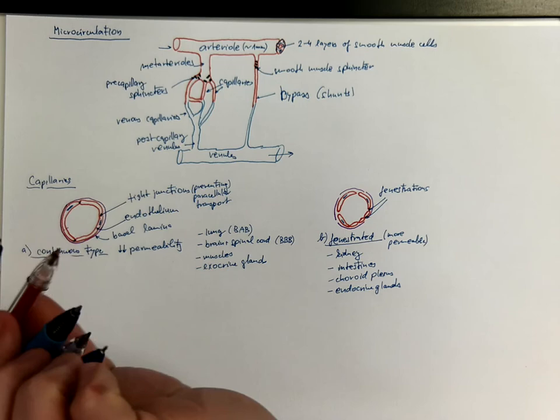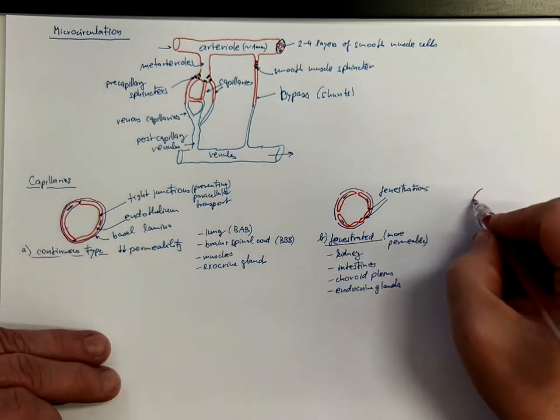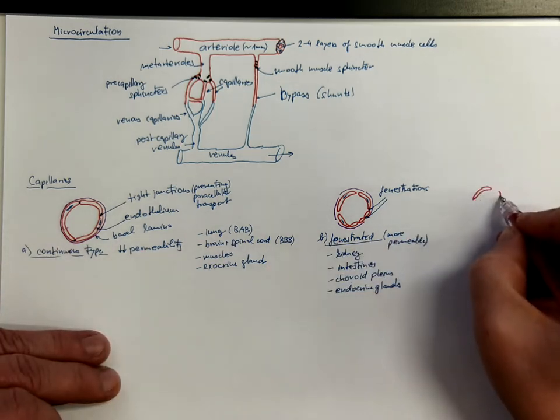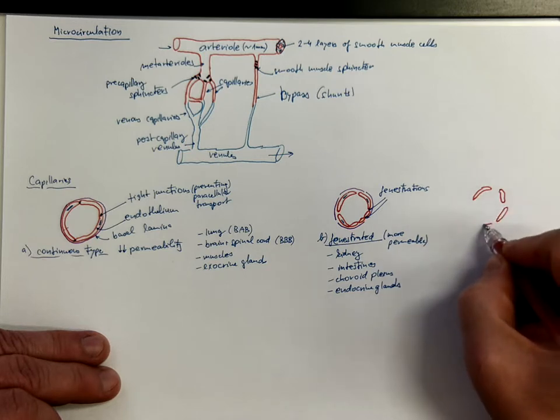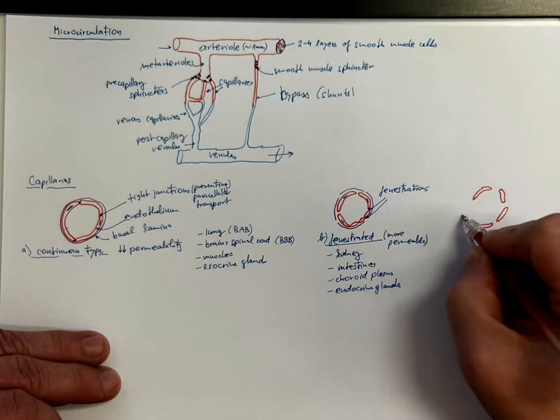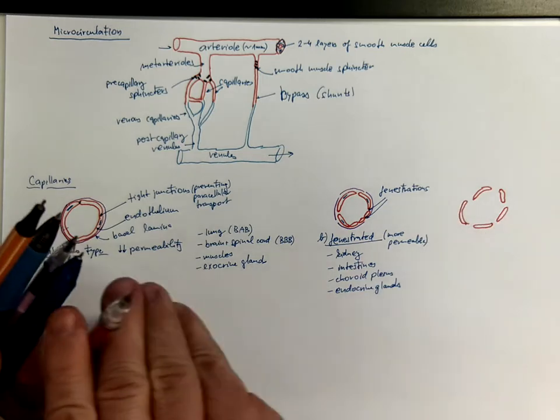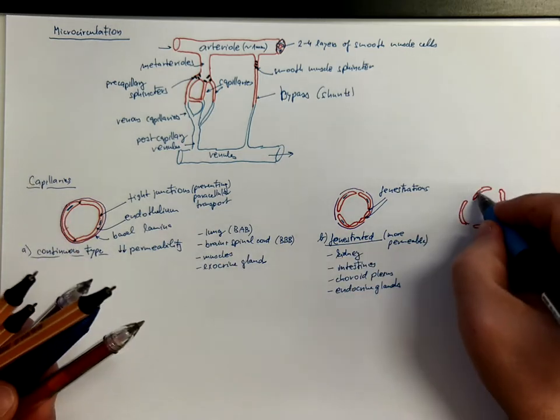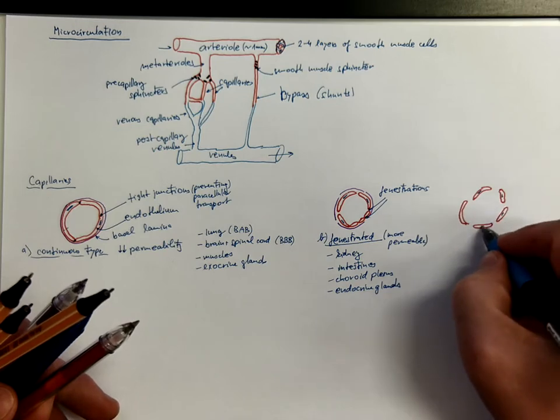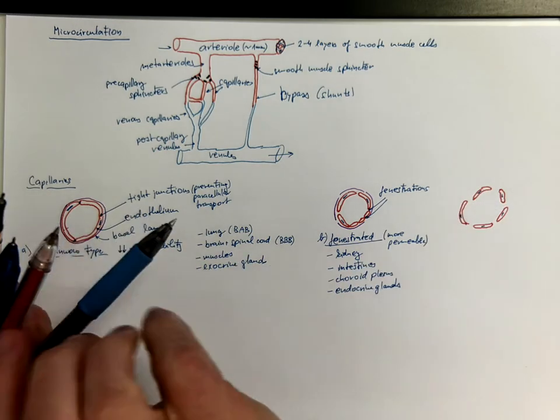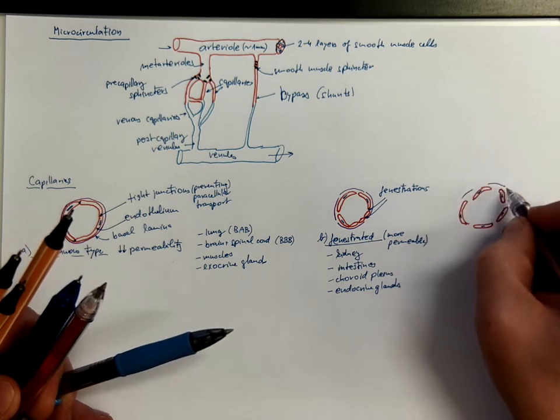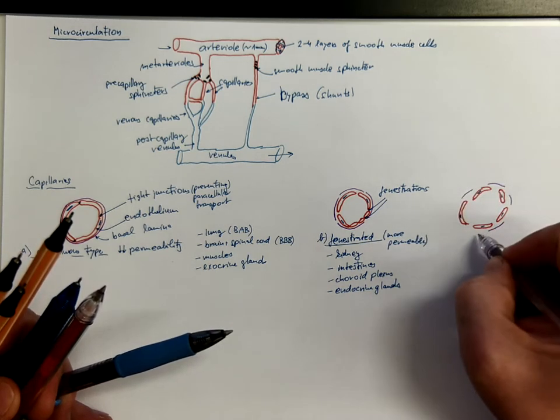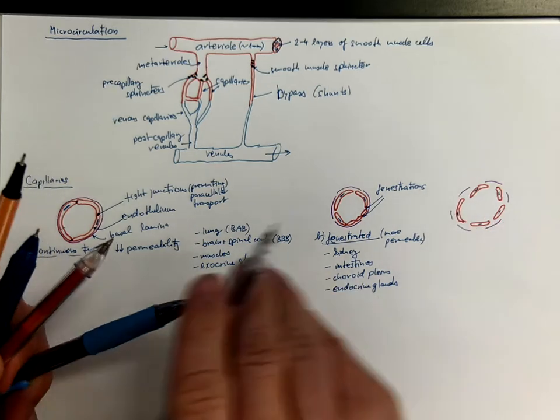The third type has really huge gaps among the endothelial cells. They could be irregular, really dilated, and the basal lamina is very often reduced to fragments with really large openings.